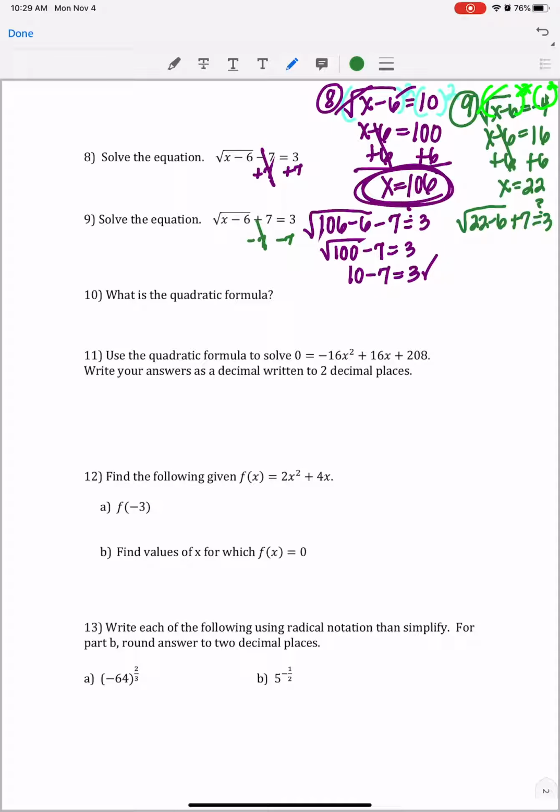So 22 minus 6 is 16. Square root of 16 is 4. And 4 plus 7 does not equal 3. So that means that this one here has no solution.